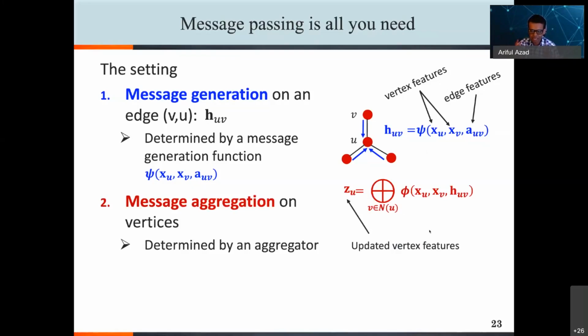We aggregate them; maybe we sum them, or compute max, mean, and so on. It is just an aggregation function, and then we get a new embedding for vertex U. This is a typical pattern in message passing based embedding: we generate messages for every edge, and then we aggregate them to get a new embedding. We repeat these steps many times based on our learning objective and loss function.